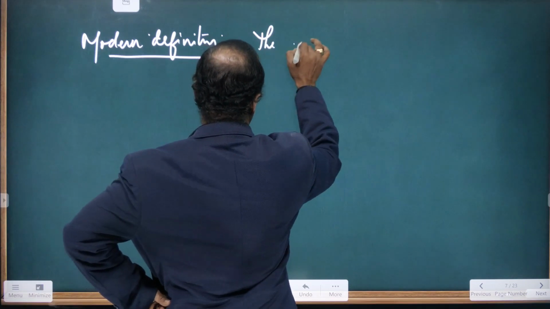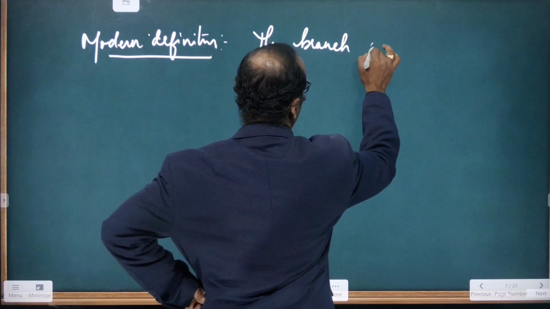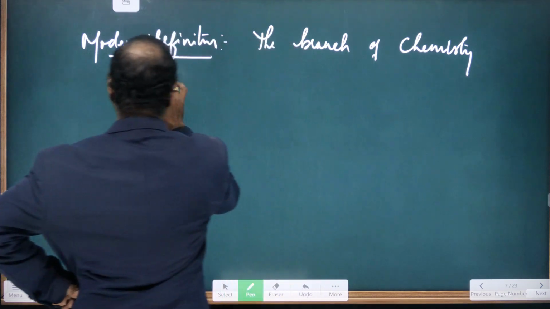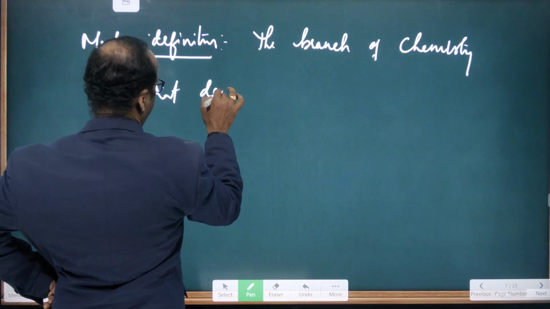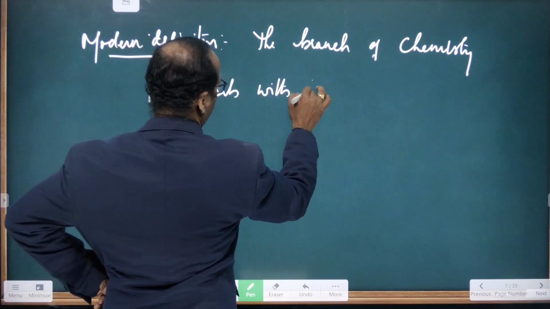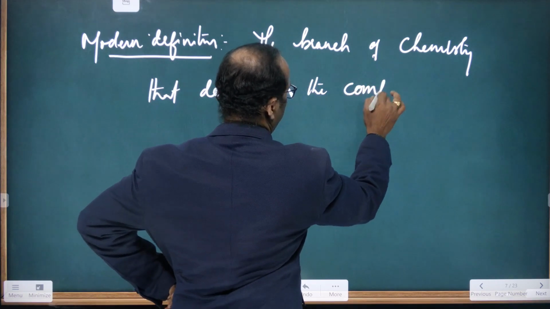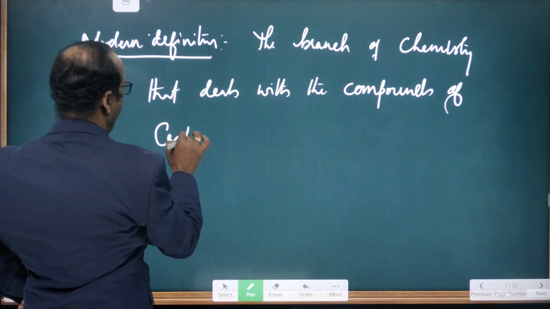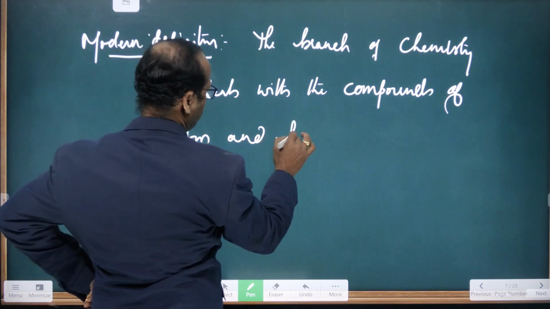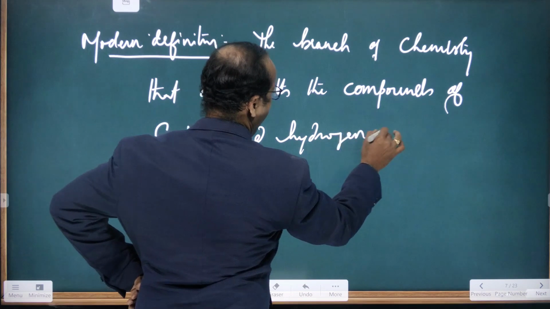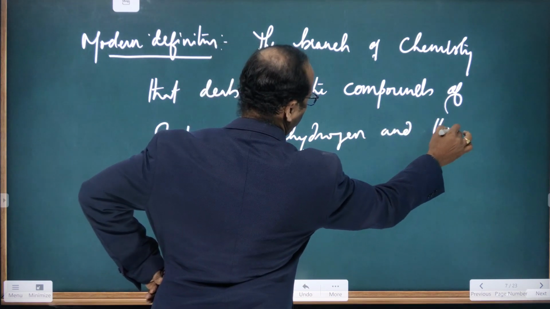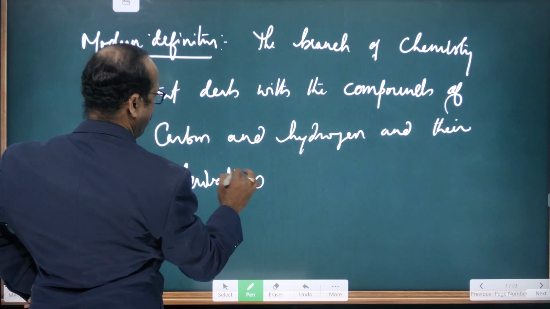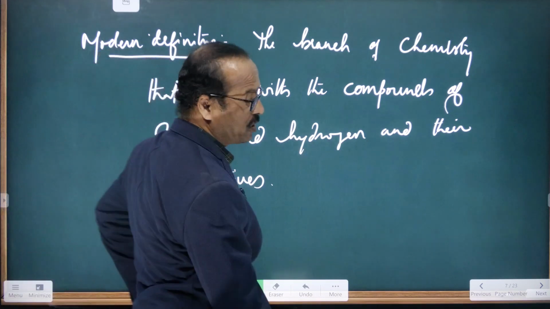A branch of chemistry that deals with the compounds of carbon and hydrogen and their derivatives. This is the modern definition of organic chemistry.